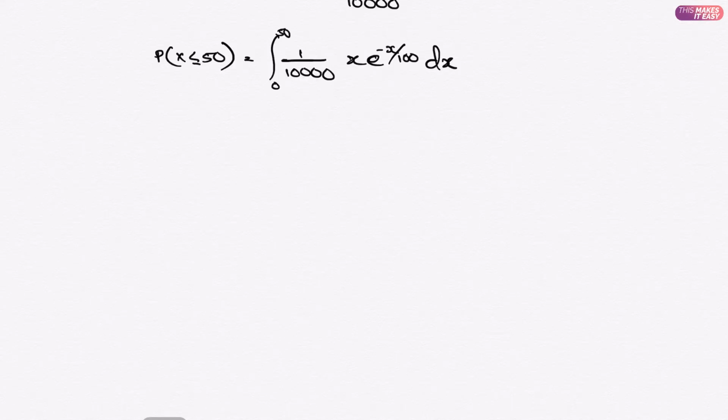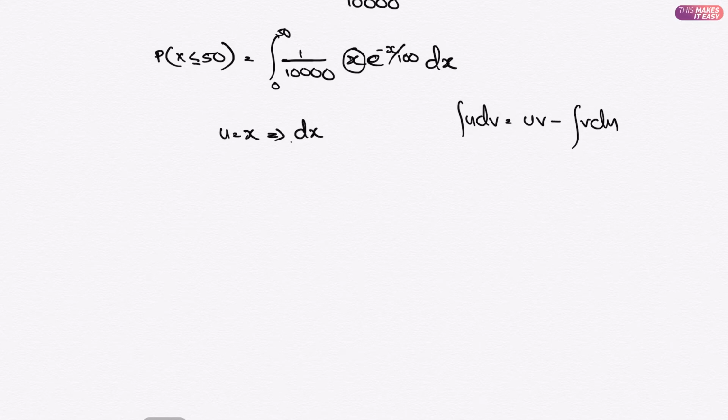Here we will use integration by parts. Basically, it says the integral of u dv equals uv minus the integral of v du. So in this case we can assume x is equal to u, then du by dx is 1.